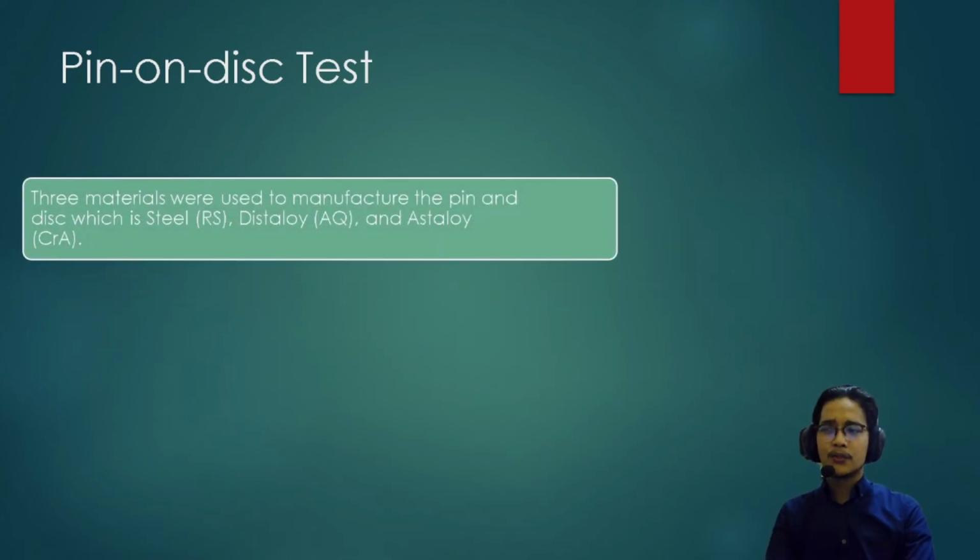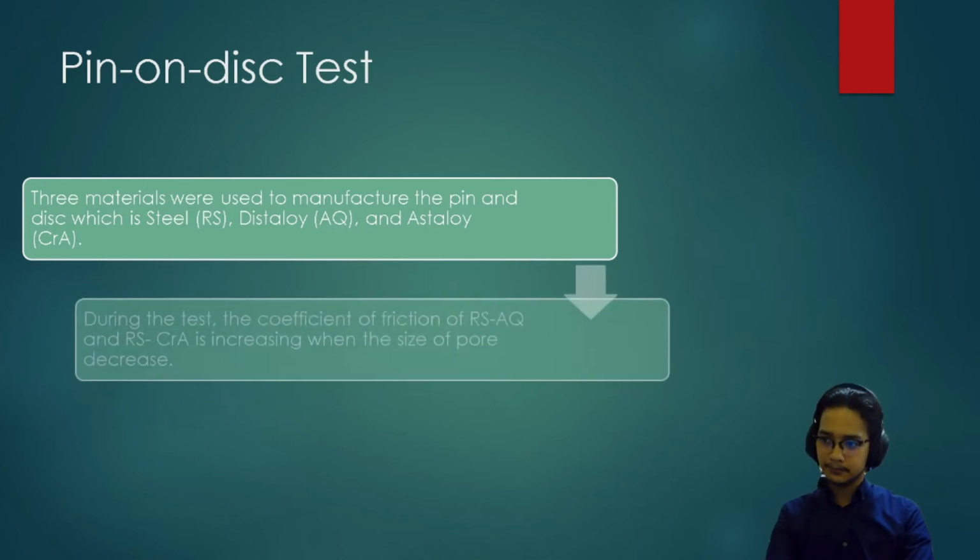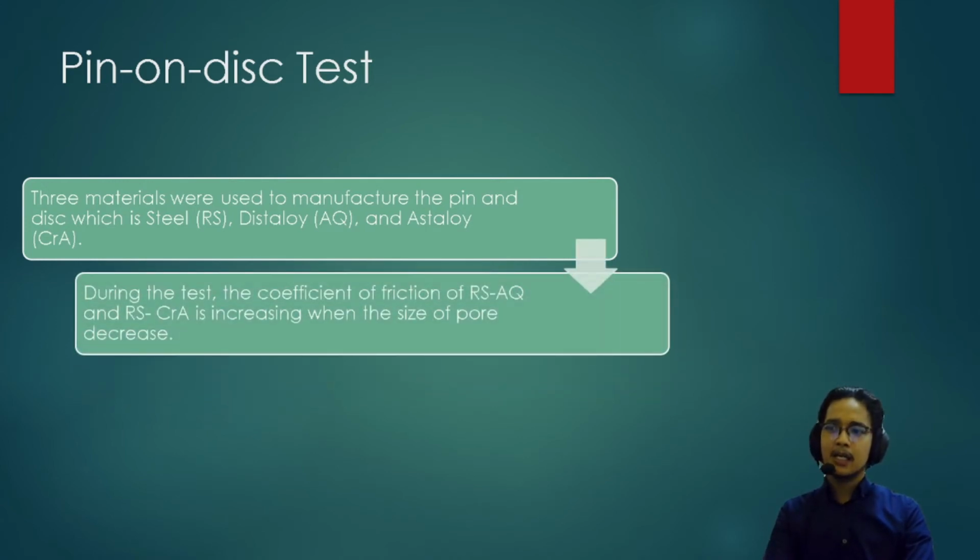Pin on disc test. Three materials were used to manufacture the pin and disc, which are steel RS, Distaloy AQ, and Astaloy CRA. During the test, the coefficient of friction of RSAQ and RSCRA increases when the size of pore decreases, which means if the pin and disc have different materials, the coefficient of friction will increase when the size of pore decreases.